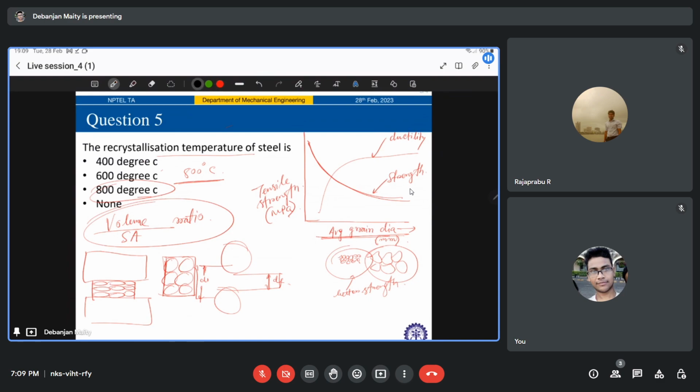If you're seeing the initial grains, wherever you are pressing the material, they will get elongated like this. Correct? Let's say for a machining operation, this is your chip. I'm making a rough sketch actually.